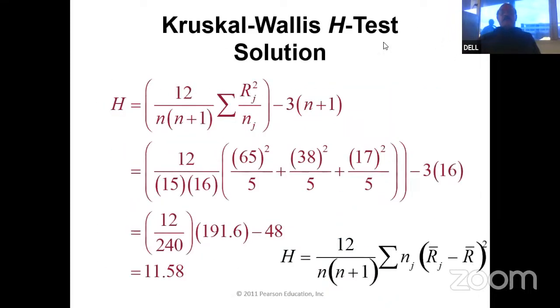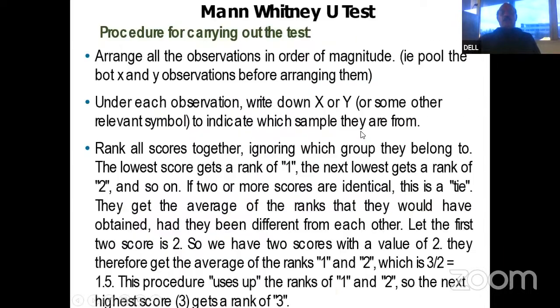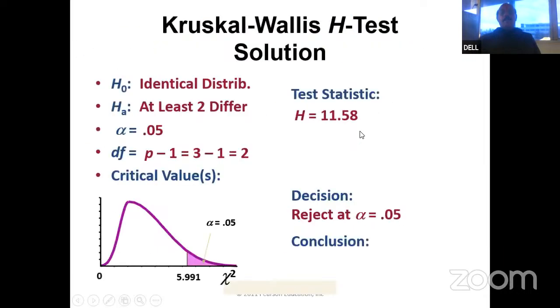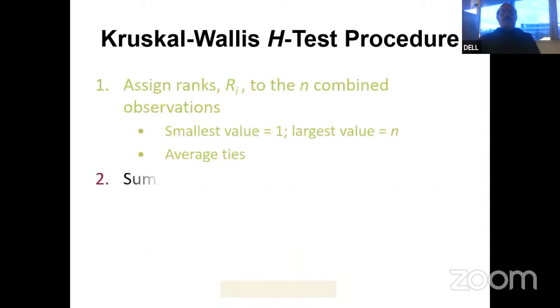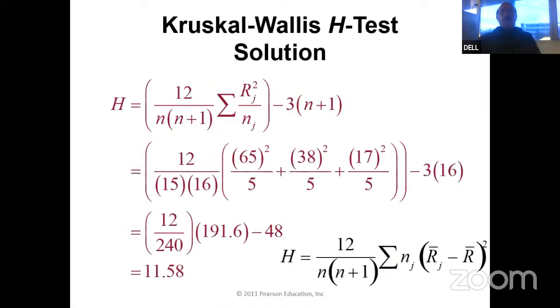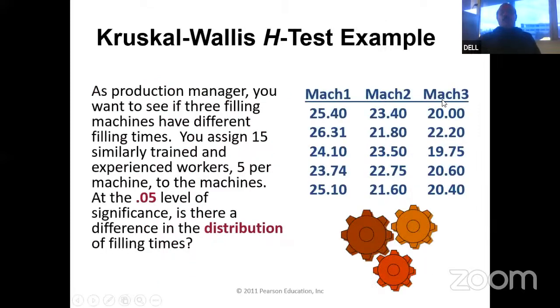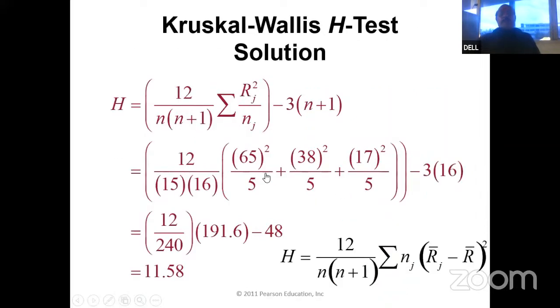Based on those ranks, for match 1, match 2, match 3, you should assign overall ranks, and for each column you add the ranks, that is R1, R2, R3. So this is the expansion, the rank sums.